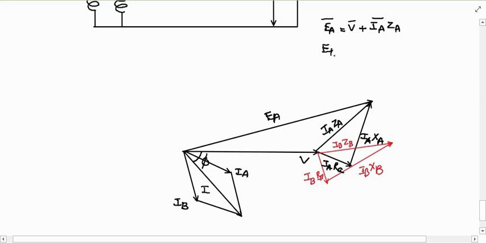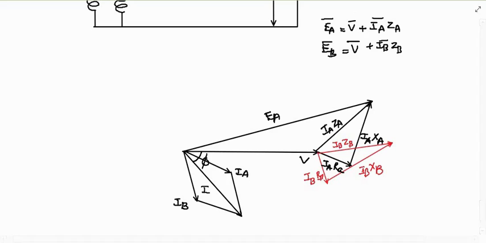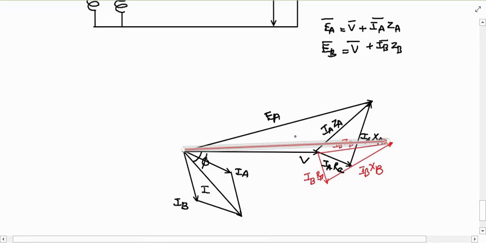And EB is nothing but V plus IB ZB. So let us mark this with the red color line. So V plus IB ZB is nothing but your EB, EMF induced in the B transformer.